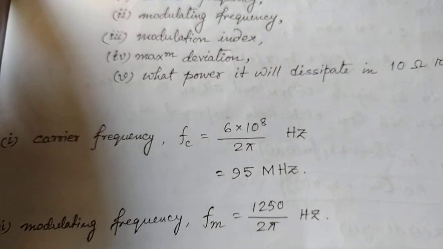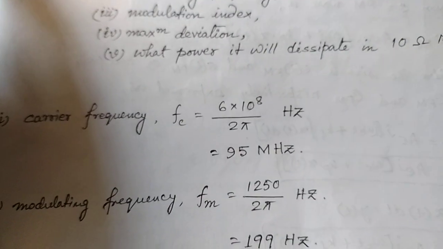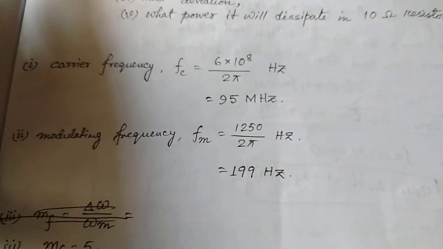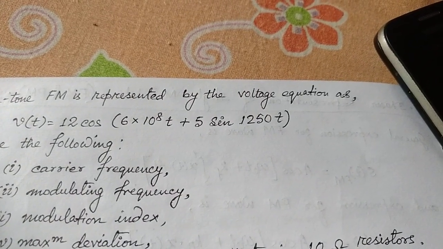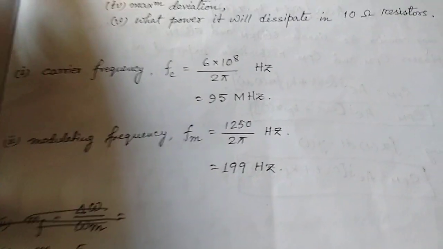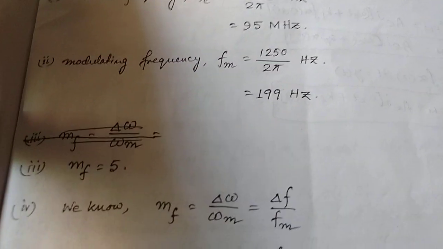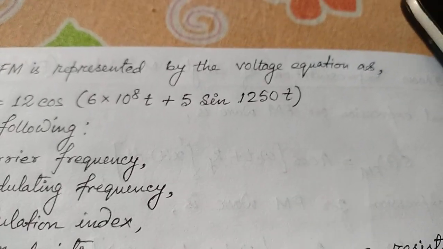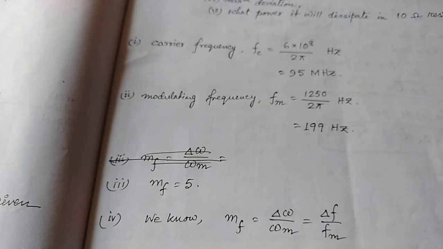So fc is just ωc by 2π, and it becomes 95 megahertz. For the message signal, again from here ωm t, ωm equals 1250, so fm equals 1250 by 2π, which becomes 199 hertz. What is mf? From the expression you can see mf is obviously 5, so the modulation index is 5.